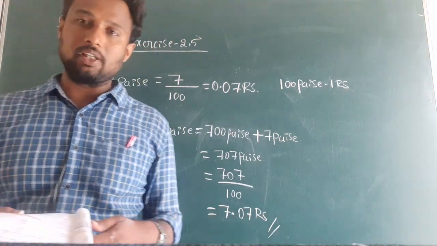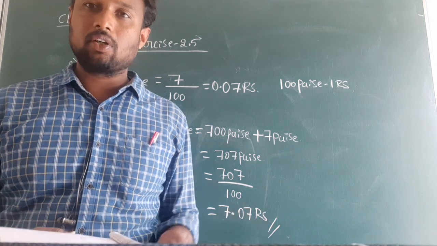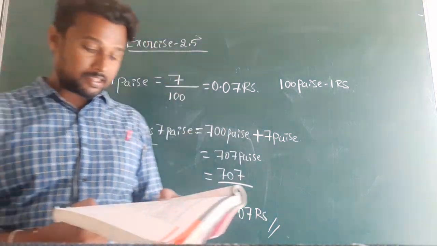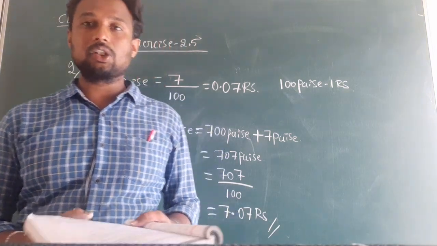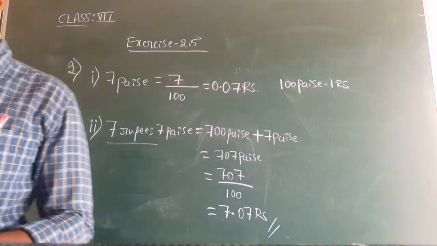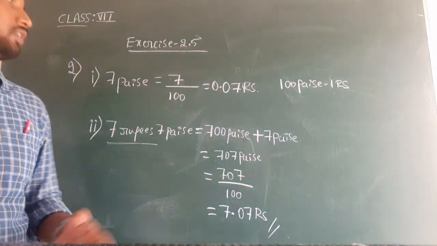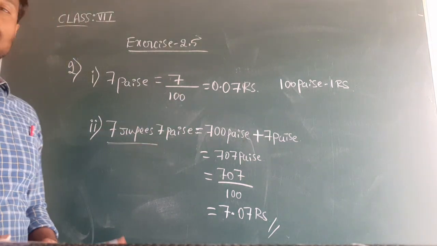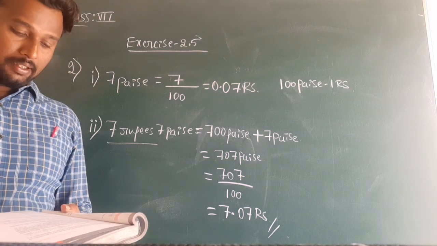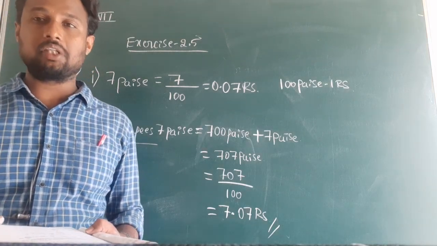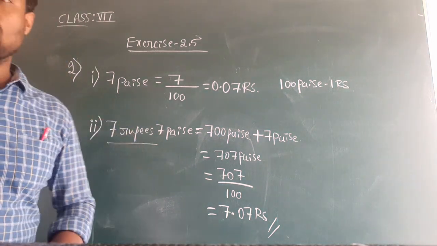If you have doubts related to these problems, you can contact me through WhatsApp, so I can make a video on those problems also. In the next class I will continue with the third question of this exercise 2.5. Just pause this video, write these 2 problems, and try to solve the remaining problems of the first main question and second main question of this exercise 2.5.